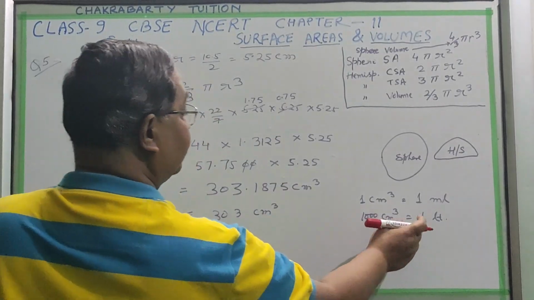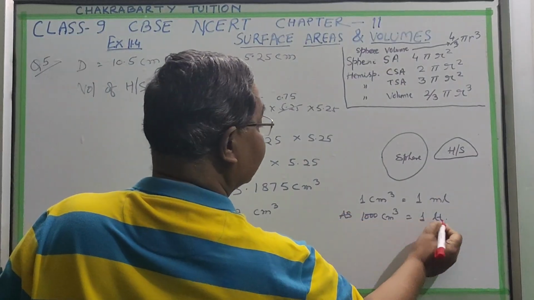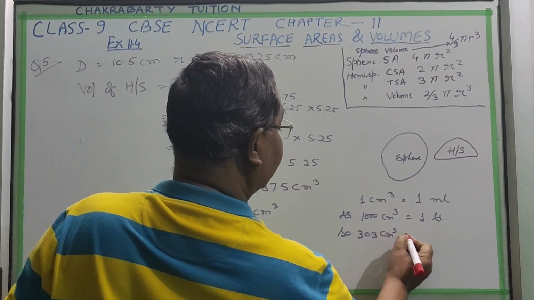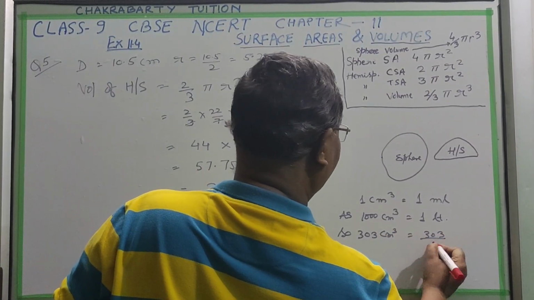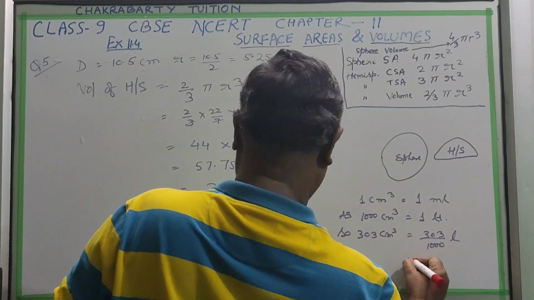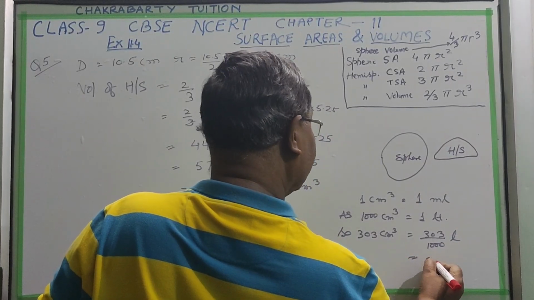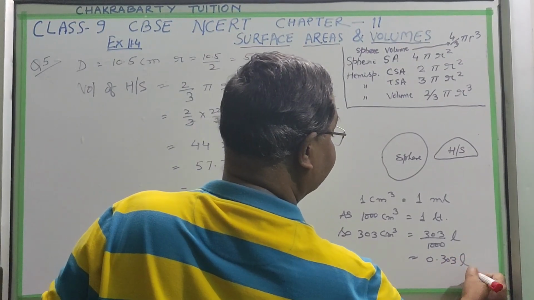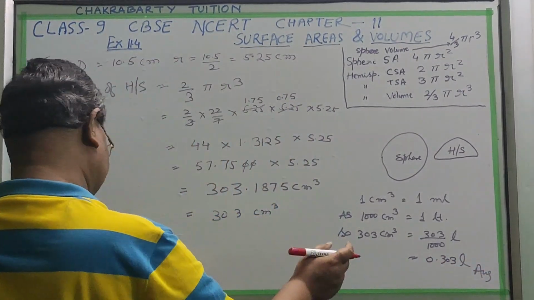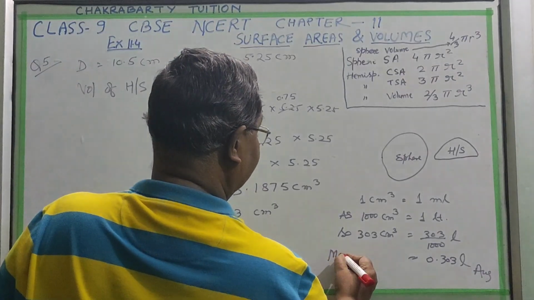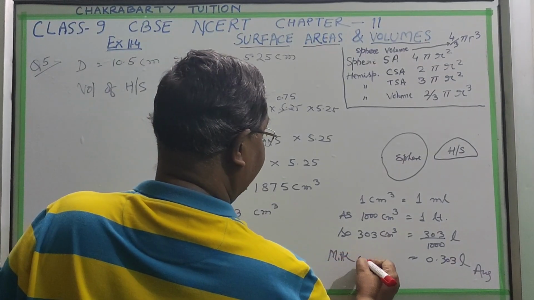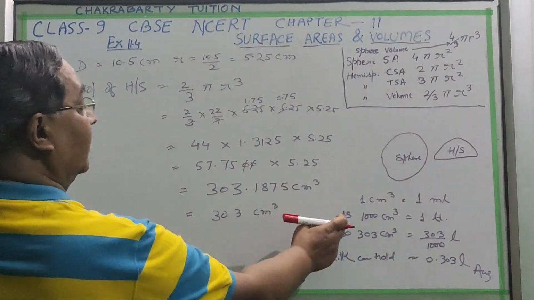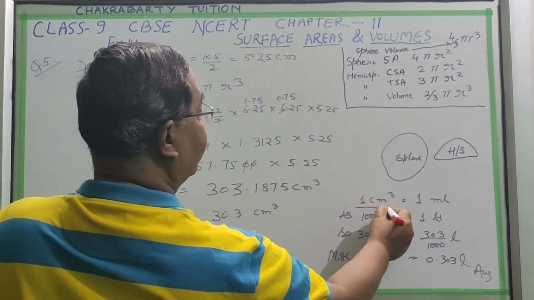So 3.3 cm cube is equal to 3.3 upon 1000 liters, so 3 decimal places will come, 0.0033 liters, and this will be your answer. This much milk it can hold. Okay, this is your answer. This you have to remember, this is the formula.